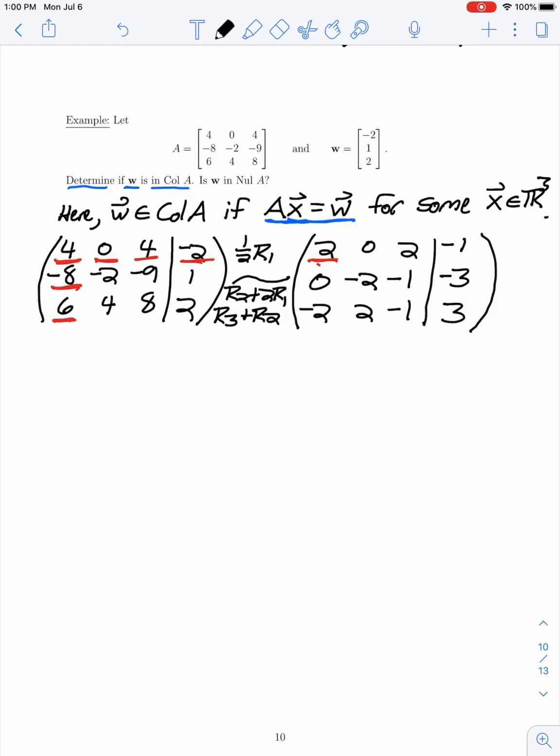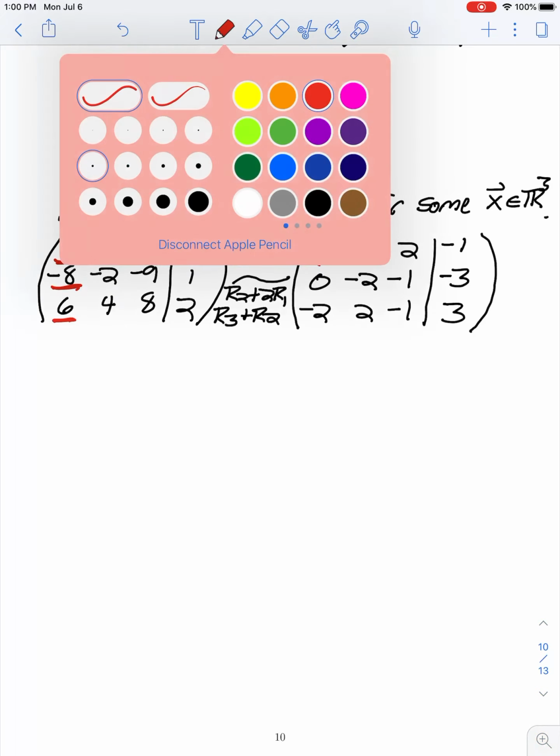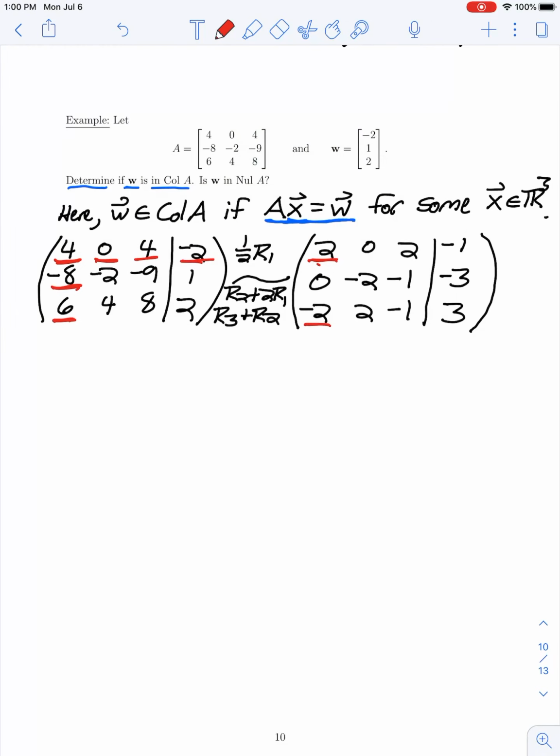So let's keep simplifying. So now that I have this 2 as the lead coefficient in my first row, I can use that to eliminate the negative 2 as the lead coefficient for my third row by taking row 3 and adding row 1 to it. So for now, I'm going to leave my first row alone. I have 2, 0, 2, negative 1.